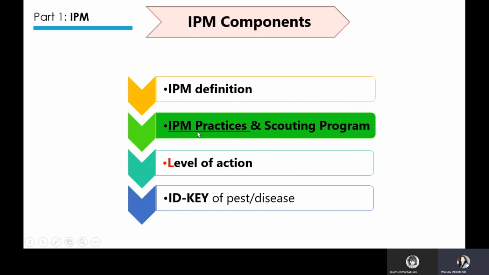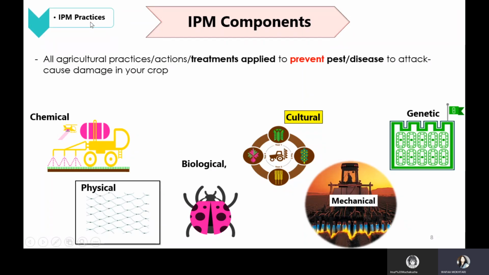So what are IPM practices? We will start with IPM practices. The IPM practices are all agricultural practices, actions, treatments applied to prevent pests and disease from attacking and causing damage in your crop. So most often agricultural practices are made in a prevention way.